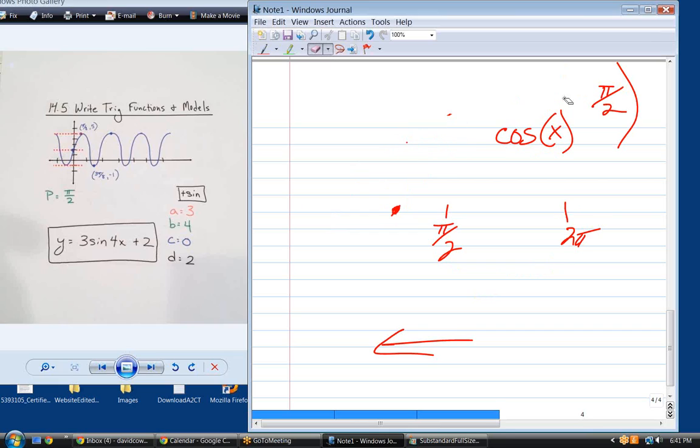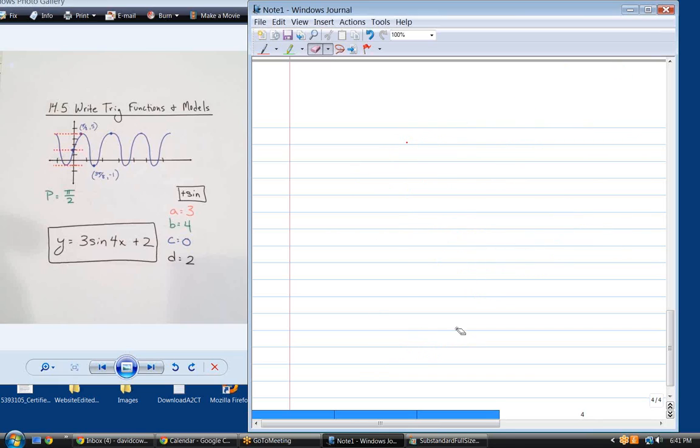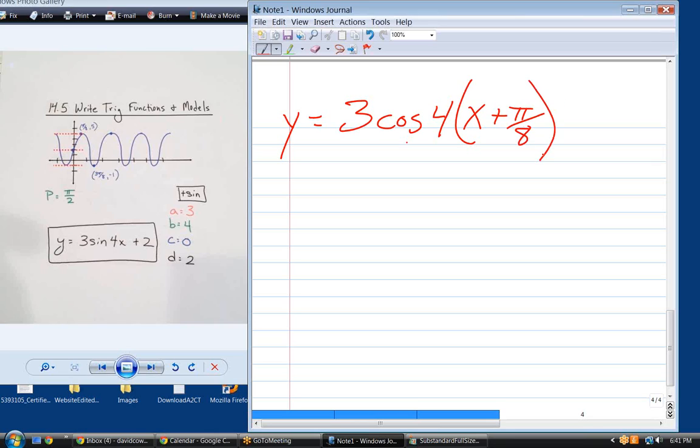In other words, instead of coming up with the final answer of this, I could also say, well, that is also 3 cosine, doesn't change the 4x, but if I phase shift it by pi over 8 to the left, I would have the cosine curve. So this is the same as this. In other words, the cosine curve and the sine curve are the same curves. It's just one is phase shifted relative to the other.